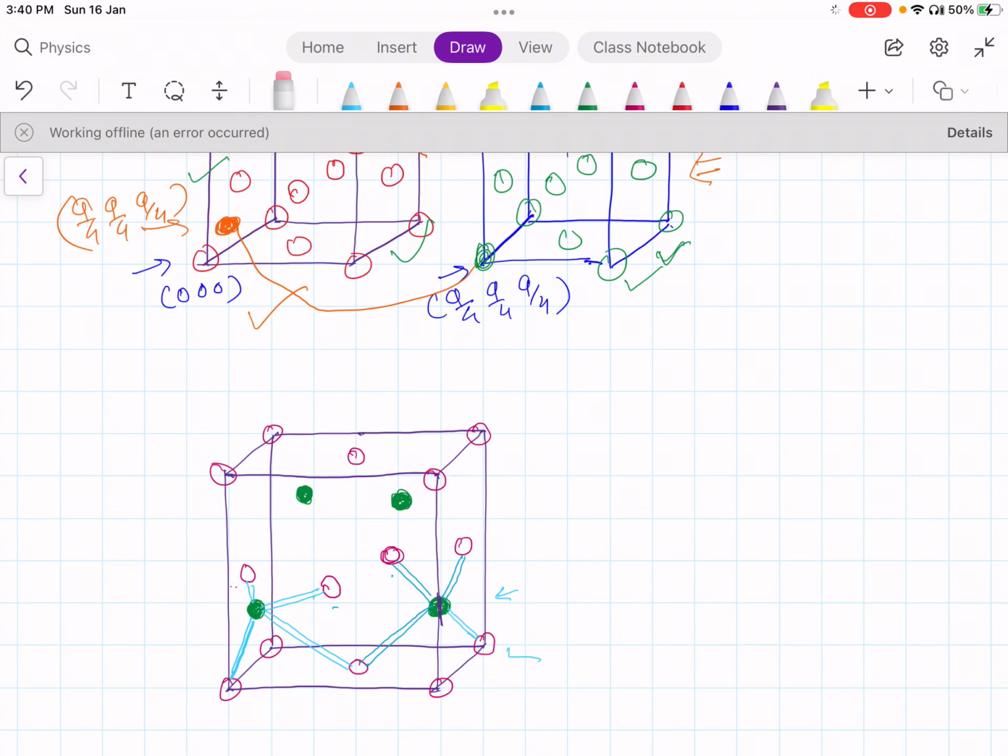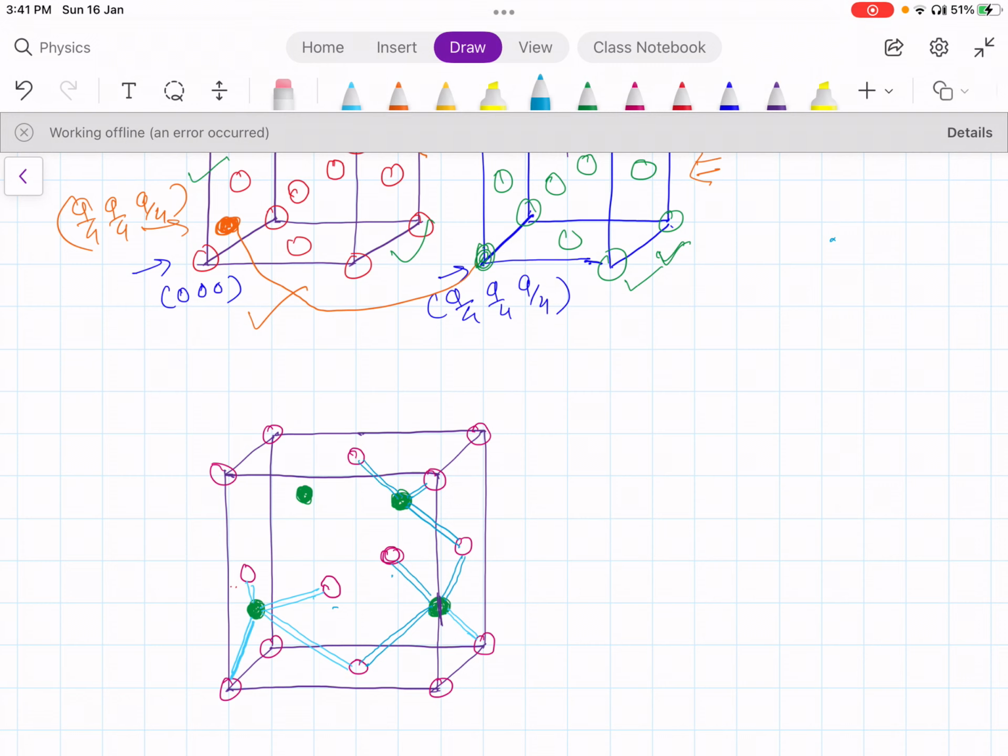So it forms one covalent bond with the nearest corner, one with this face center atom, one with this face center atom.